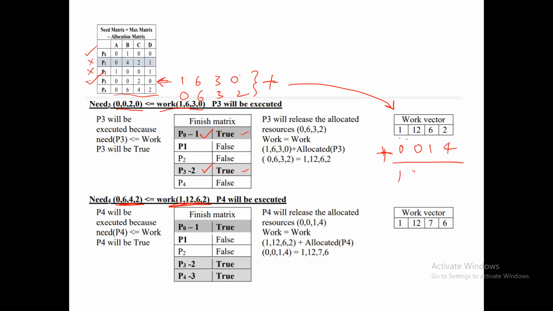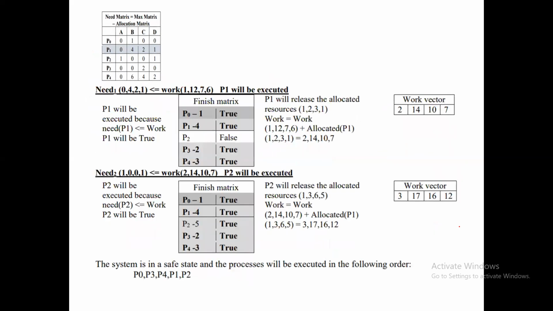That would be 11276. That is what you get here. So obviously P4 will also go through. These are done. Now we are still left with P1 and P2. So right now the current availability is 11276 after a few iterations.